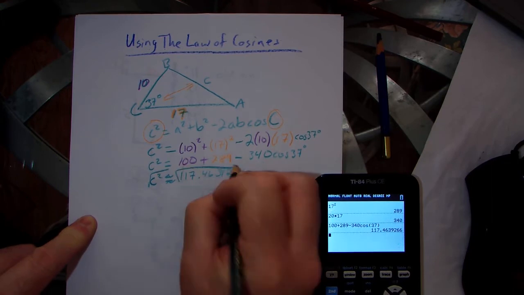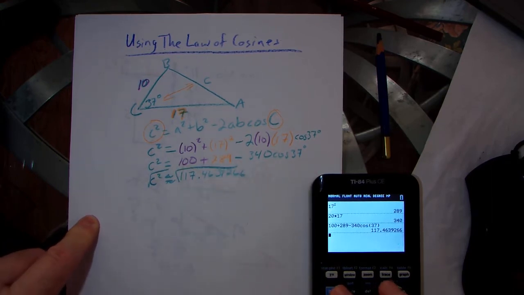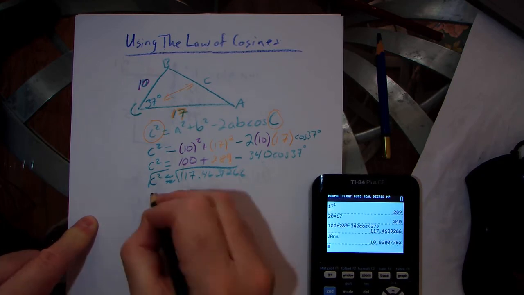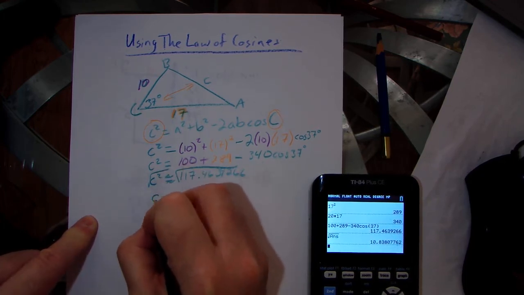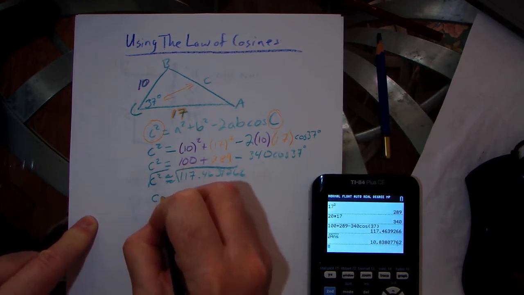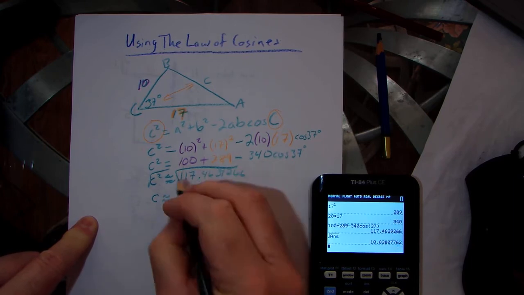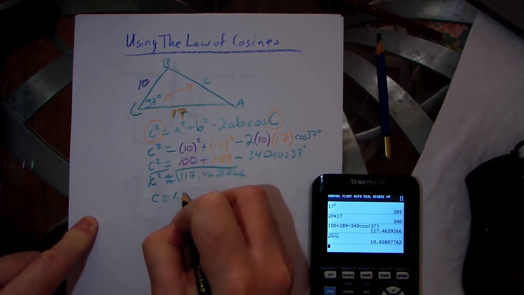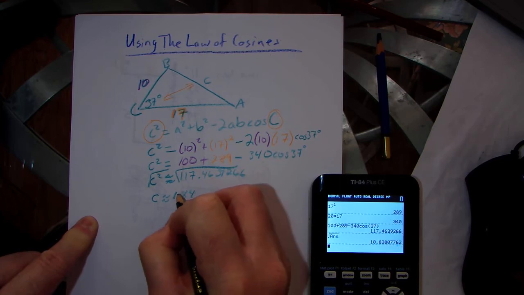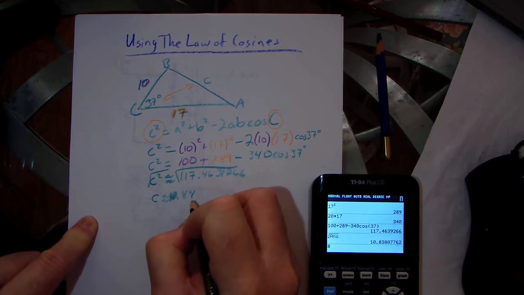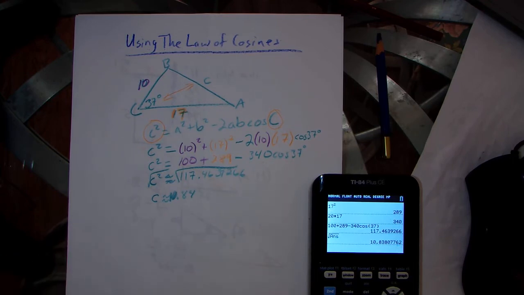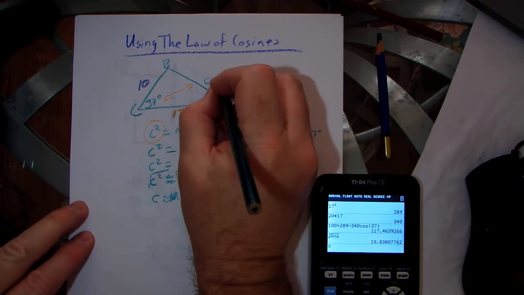Square root both sides. And I get that C is approximately equal to 10.84. And so that's how I can use law of cosines to find the length of a side.